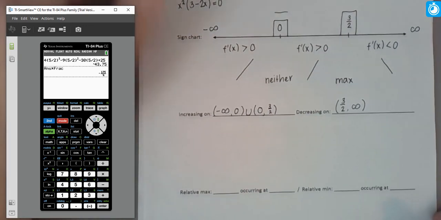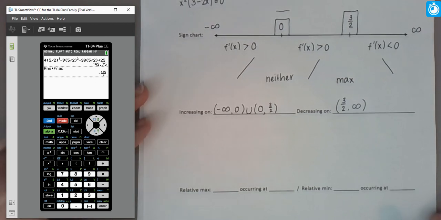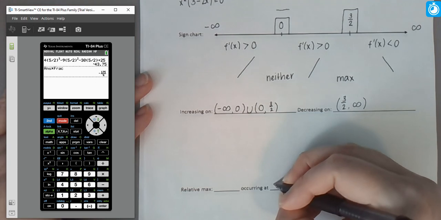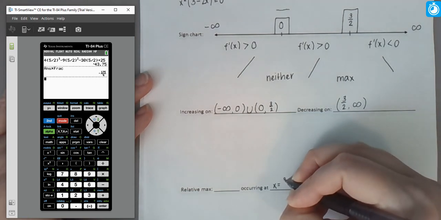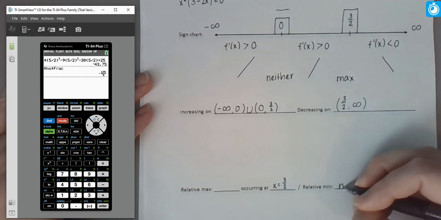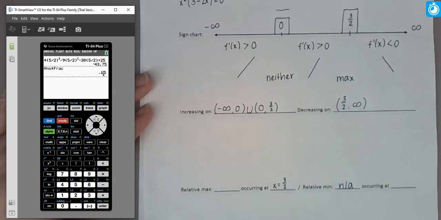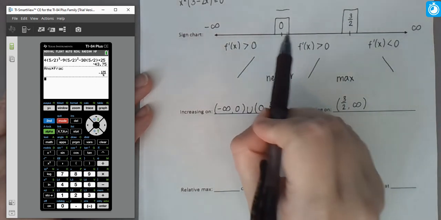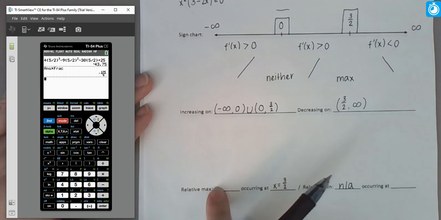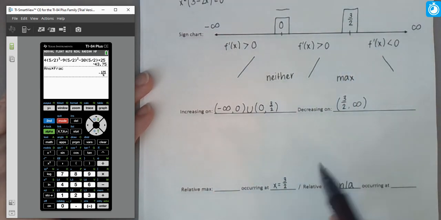The only special location we have represents a relative maximum. So our relative maximum occurs at x equals 3/2. And we don't have a relative minimum, so not applicable. That doesn't apply here. We just don't have one. And again, this location is categorized as neither. Nothing special happens there. But we do want to know what that value for the relative maximum is.